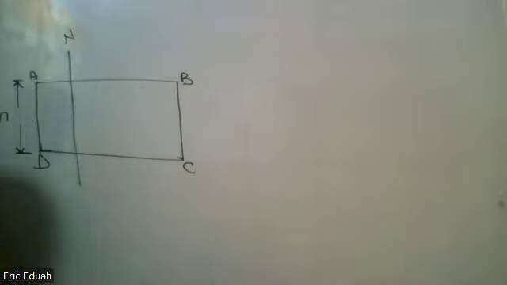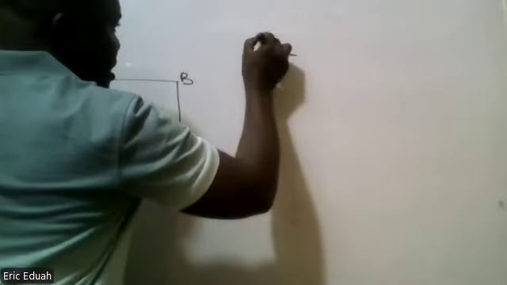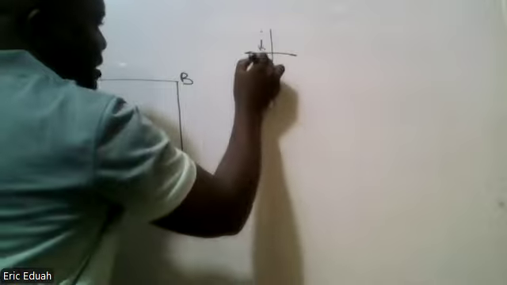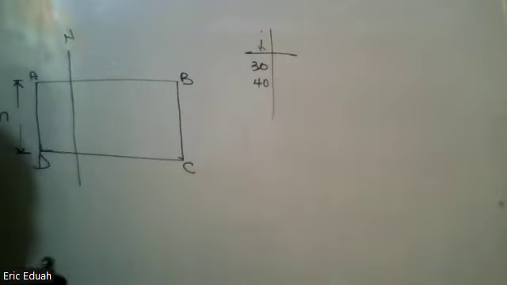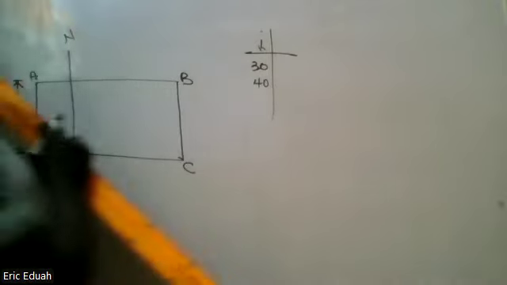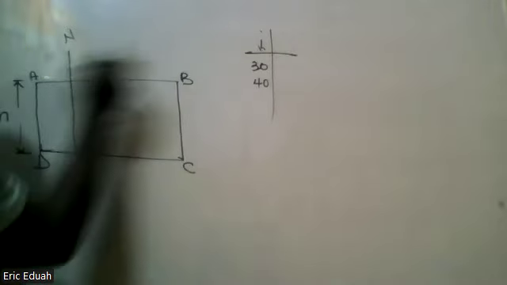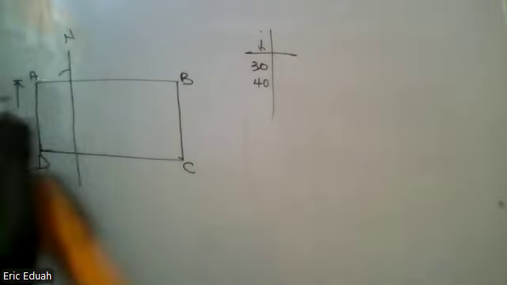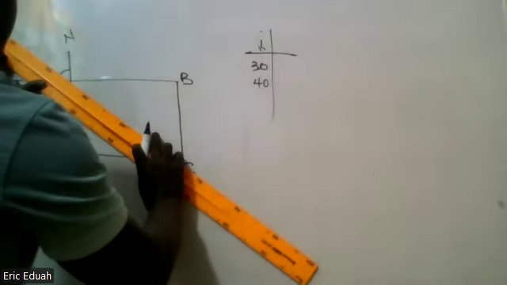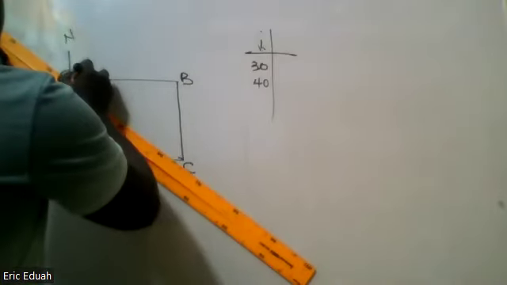you'll be given different angles, maybe starting from 30, 40, in an increasing or decreasing manner. So you measure the first angle, and that becomes the angle of incidence.